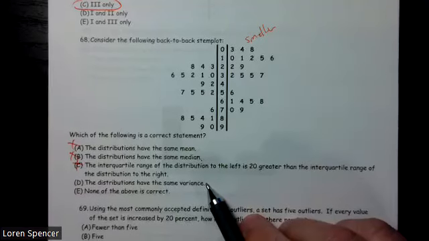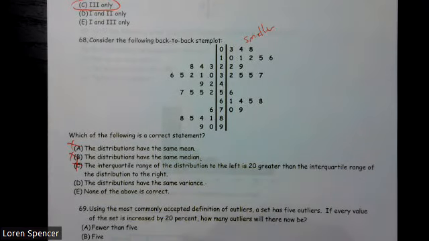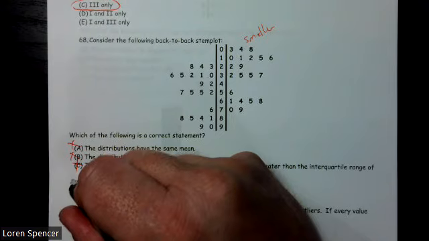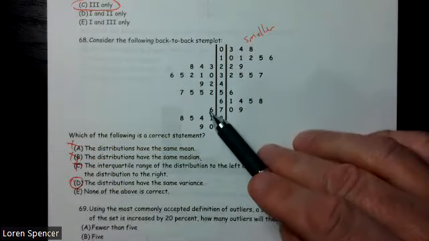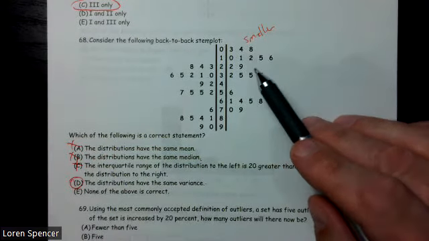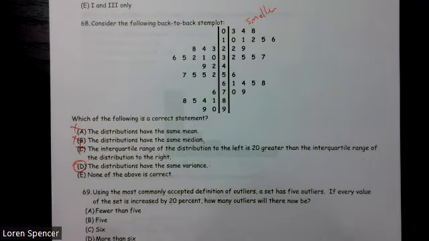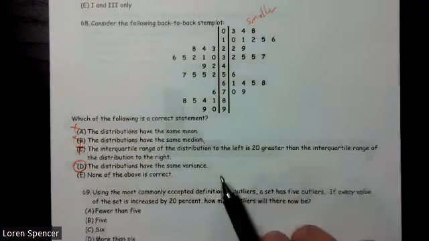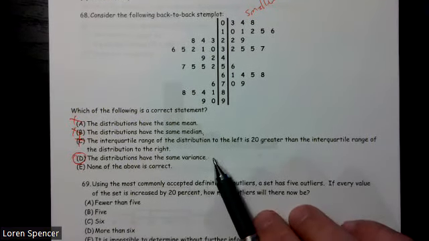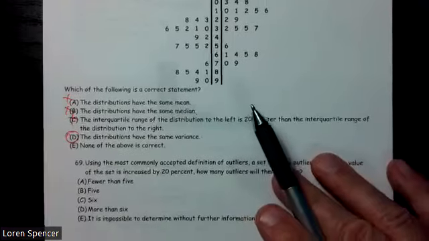The distributions have the same variance. Yes, I added a constant. Measures of spread don't change. So adding a constant to all of these values means they have exactly the same variation: the same IQR, the same range, the same standard deviation, and the same variance.